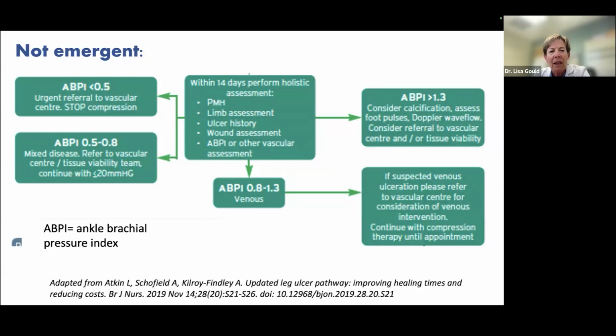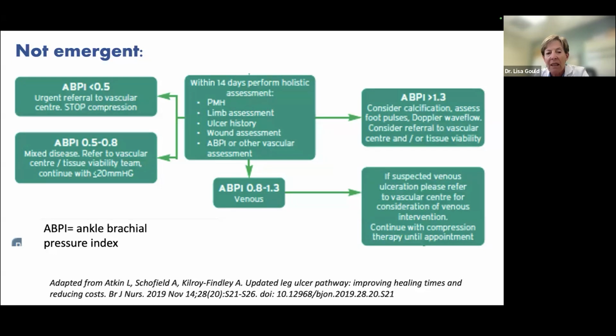So we talk about the ABPI or ABI, which is the ankle brachial pressure index. If it's less than 0.5, that warrants an urgent referral to the vascular center, especially if they have an open wound, and stop compression because you can make it worse. If it's in between 0.5 to 0.8, again, it's reasonable to get the patient to a vascular surgeon.